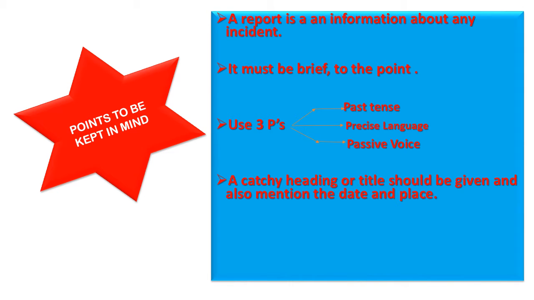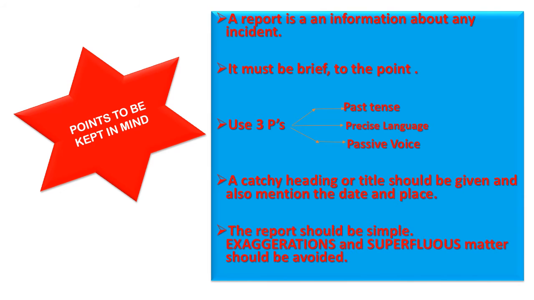A catchy heading or title should be given, and we also have to mention the date and place. The last point to remember is that a report should be in very simple language. Exaggerations and superfluous matter should be completely avoided.